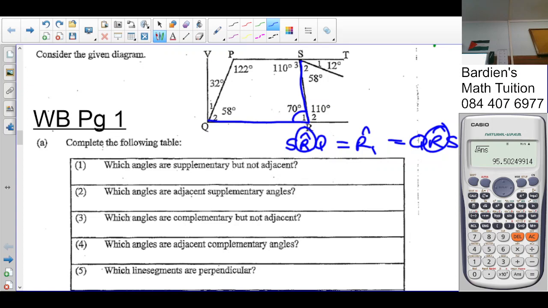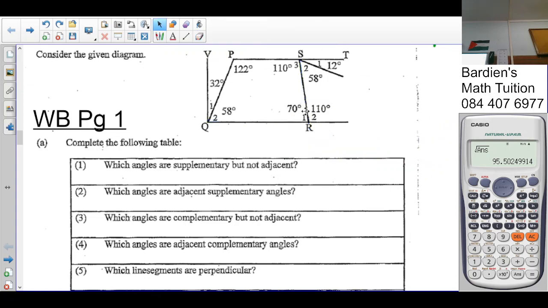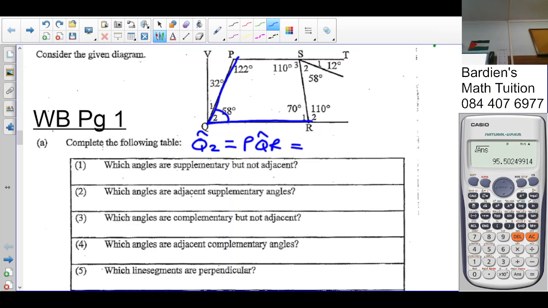So if you're looking at Q2, Q2 can also be represented as this angle here, P, Q, R, or R, Q, P. You see that, people?